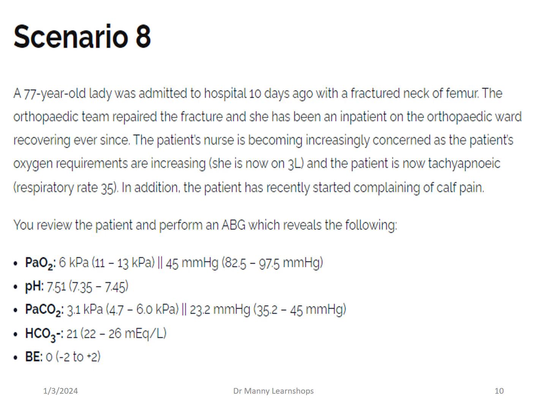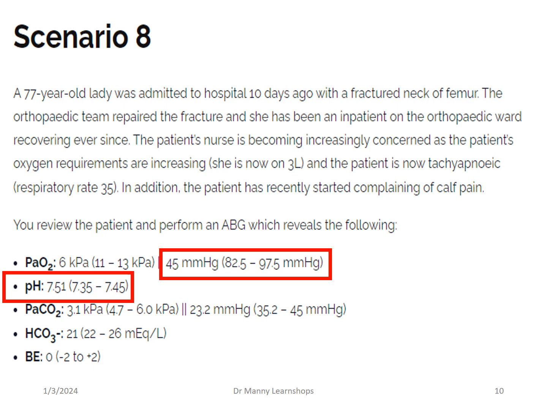in the affected leg, the left leg, where she fractured her femur. You review the patient and you perform an arterial blood gas, which reveals the following. Her PaO2 is low, less than 80. She's hypoxic. The pH is high, indicating alkalosis. What's causing the alkalosis?